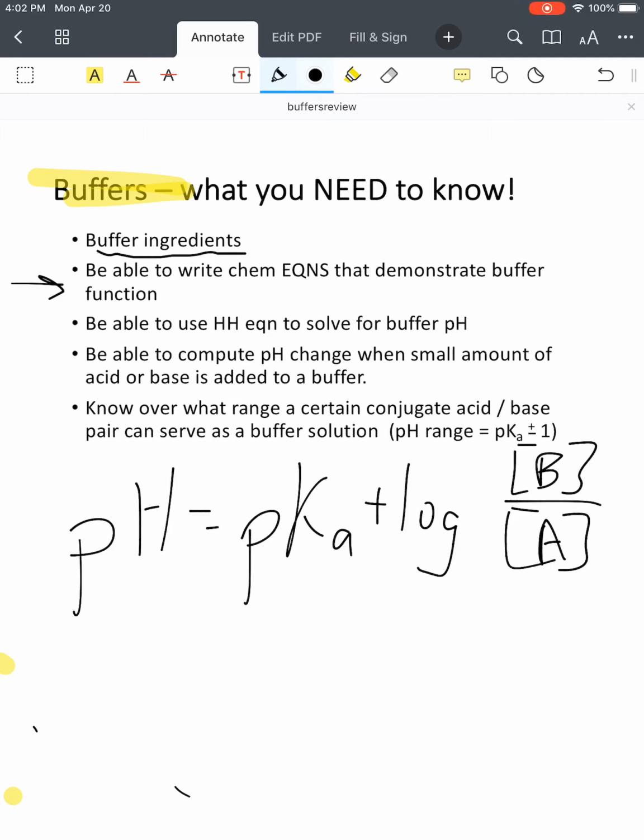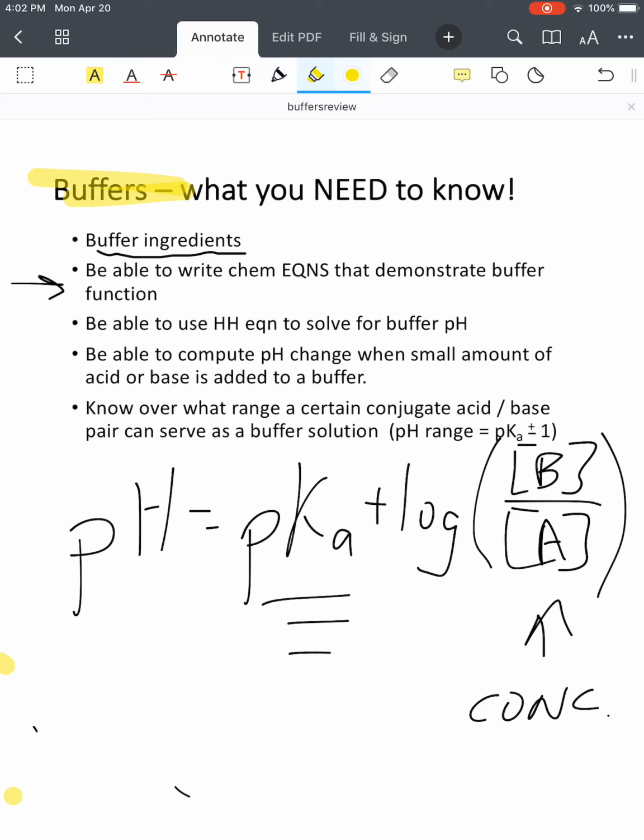The base and the acid form are the substances that make up our buffer, right? These are the concentrations of the acid-base pair, B being base and the A here being the acid, okay? You take that ratio, take the log of that ratio, add that to the pKa for the acid. It's got to be the pKa, and that tells you the pH of the solution, okay?